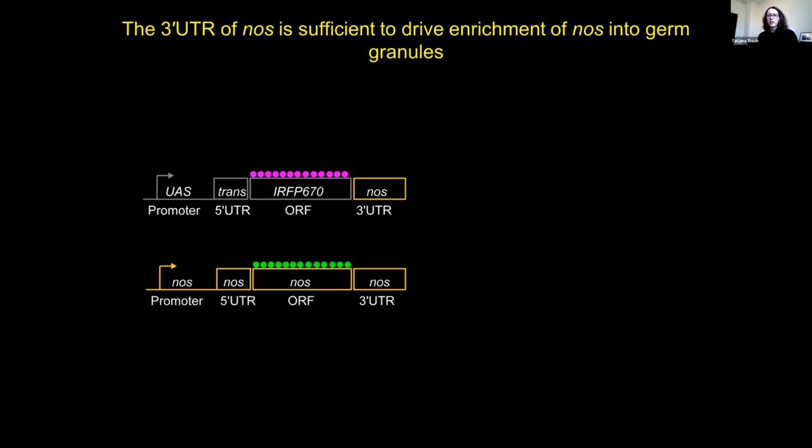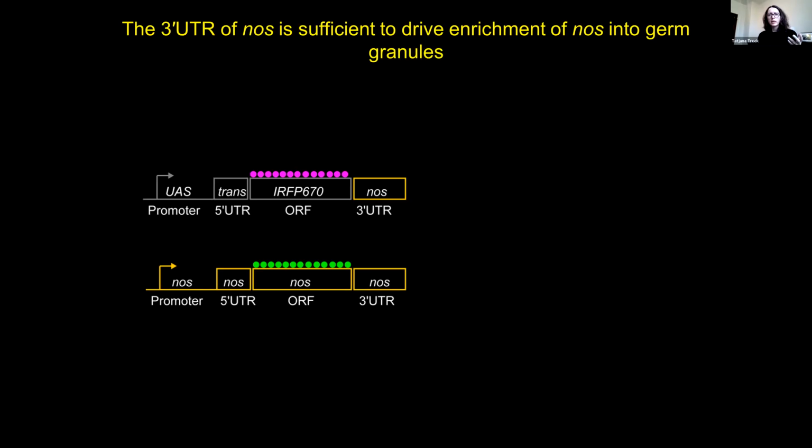So we focused again first on nanos, and we started with the nanos 3' UTR because the Lehmann, Gavis, and Wharton labs have previously shown that the specificity required for the enrichment of this RNA to the germ granules is encoded in the 3' UTR of this transcript.